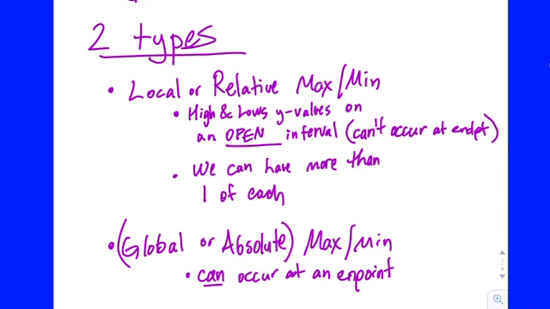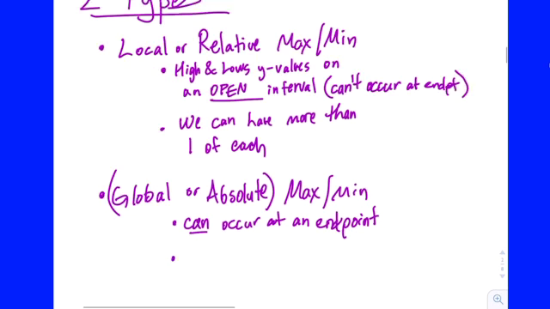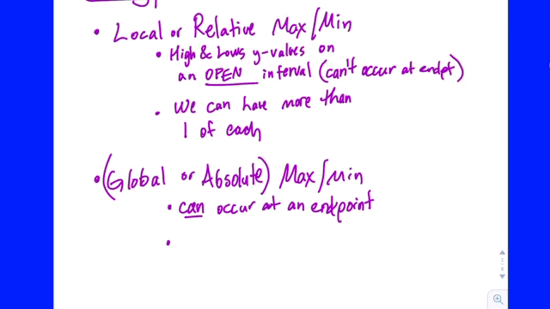Because if you have an endpoint, there is no open interval containing it. You can't go to the left or right. But a global extrema can occur at an endpoint. And I didn't spell endpoint correctly. I got rid of the D. Okay. And then, can there be more than one? No. There is only one if it exists at all.